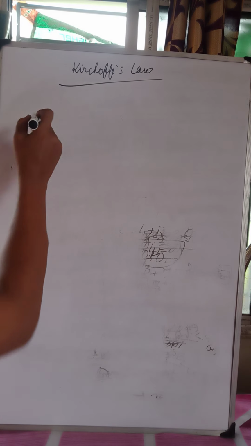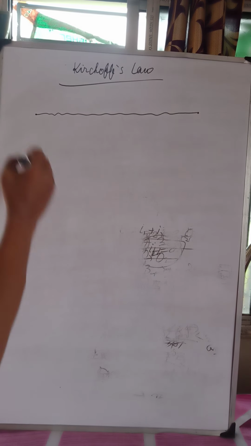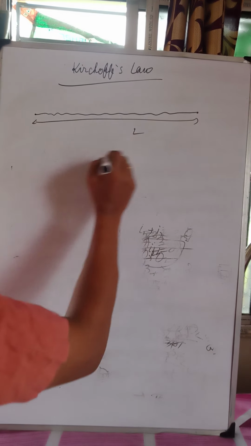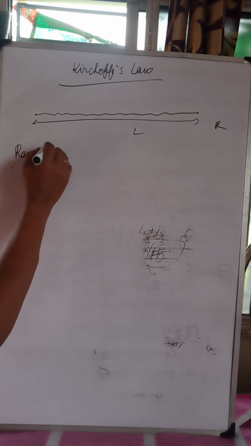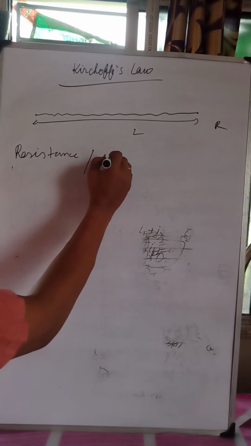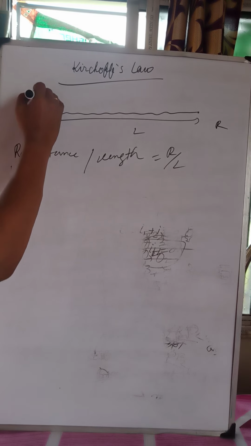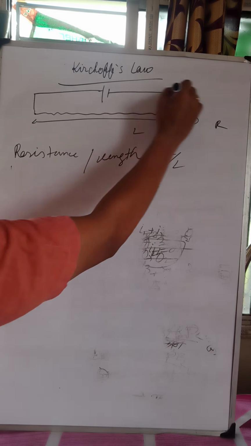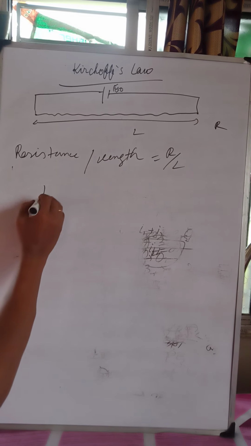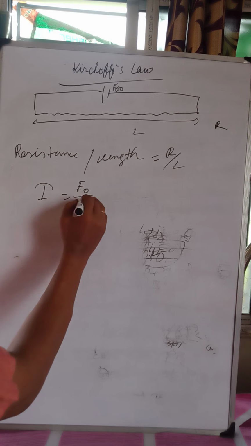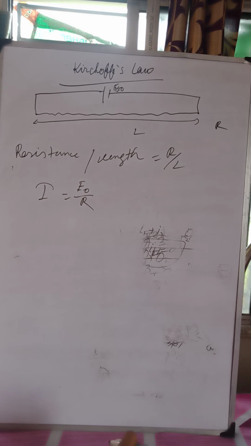Suppose the length of that wire is L and the total resistance is R. So the resistance per unit length of that wire will be equal to R by L. Now if we apply an EMF, a battery E0, then a current flows through this wire, and that current I equals E0 by R.